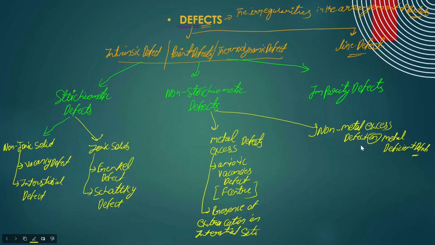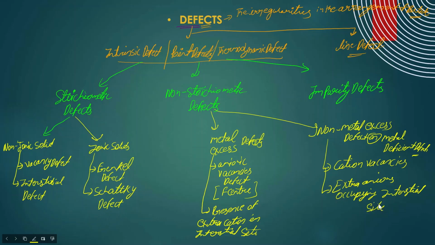Okay. Now here metal deficient defect is also subdivided: cation vacancies and extra anion occupying interstitial site.